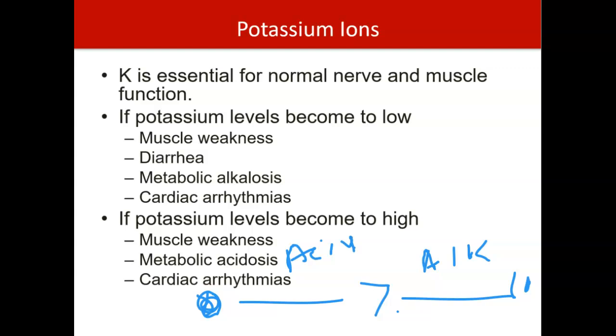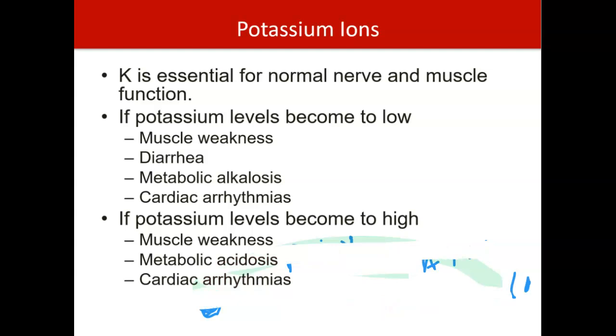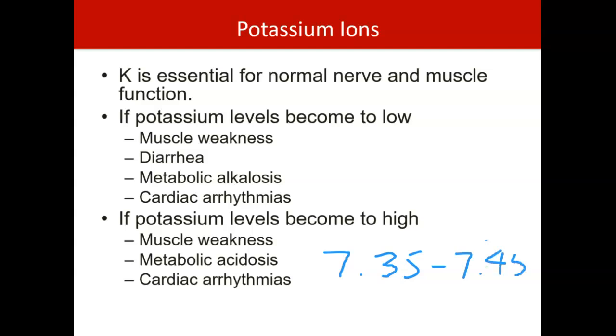But in your blood, your pH scale is changed a little bit. We want our blood to be anywhere from 7.35 to 7.45. That's the pH range that we want our blood to be in.